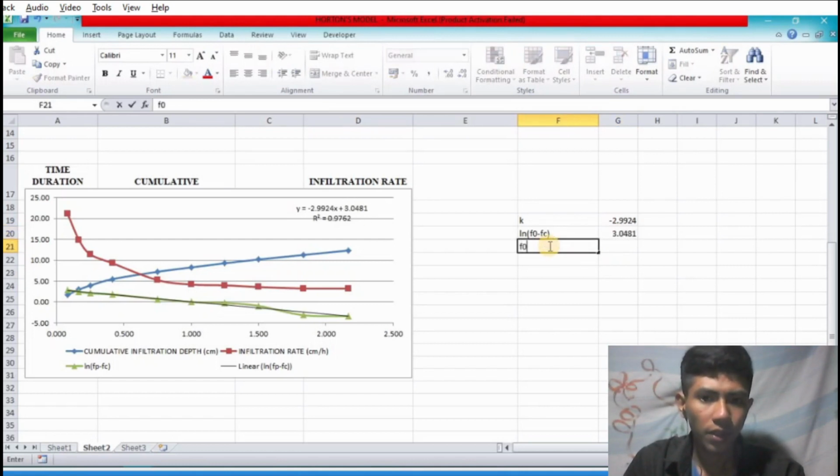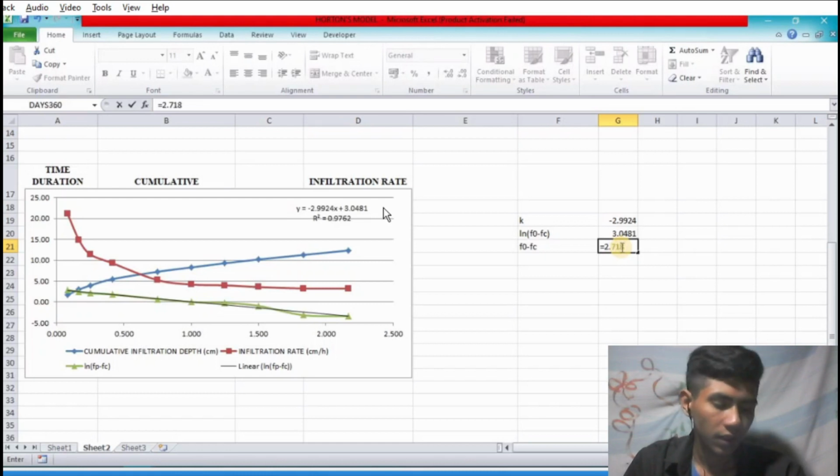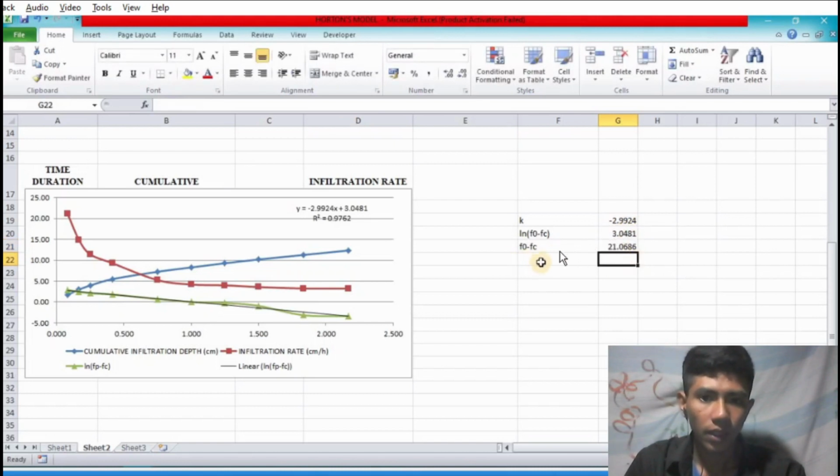And f0 minus fc is equal to e raised to this. And then f0 is equal to plus 3.2.